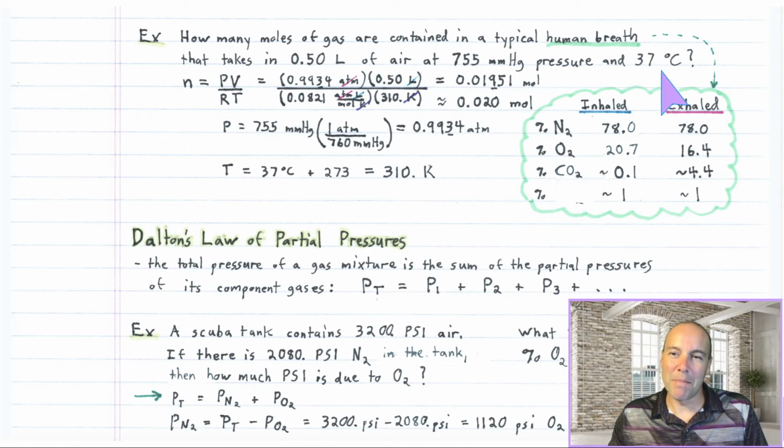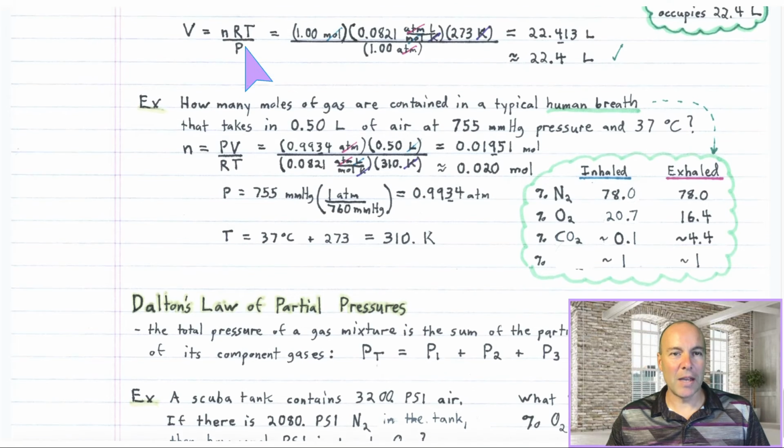This is about body temperature, by the way, 37 Celsius. 755 millimeters of mercury is roughly the pressure on an average day, maybe a little low, maybe it's rainy outside, a low pressure day. But anyway, you inhale this much air at this pressure and temperature. How many moles of air did you inhale?